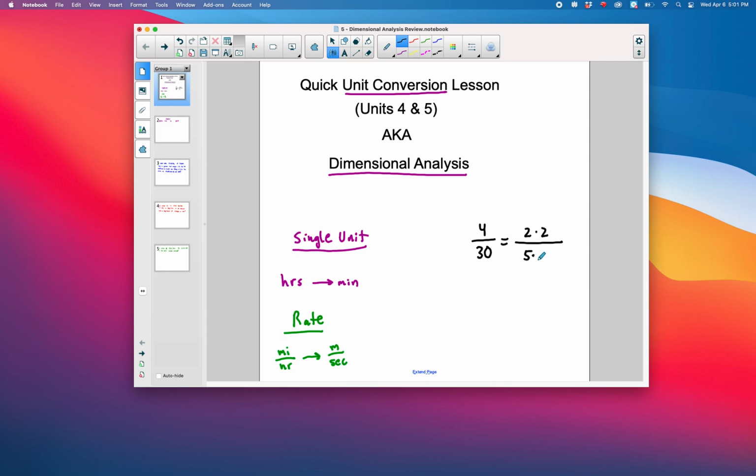So you could write it as 5 times 2 times 3. When you have something in the top and something in the bottom, they cancel out. What you're really doing there is 2 divided by 2 is 1. And since that is equal to 1, and 1 times anything is itself, you get the simplified fraction as just 2/15ths.